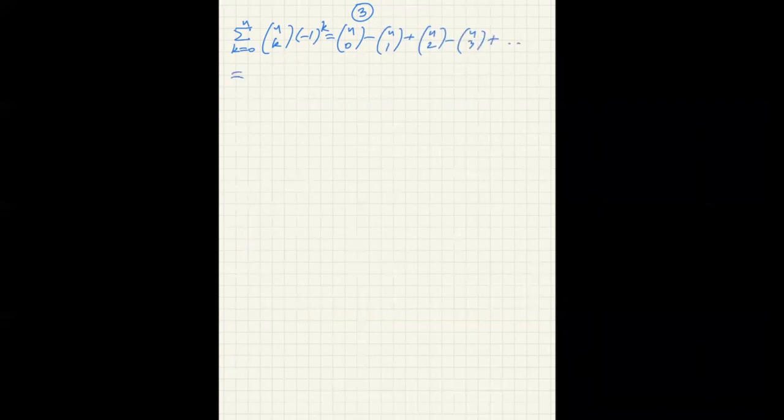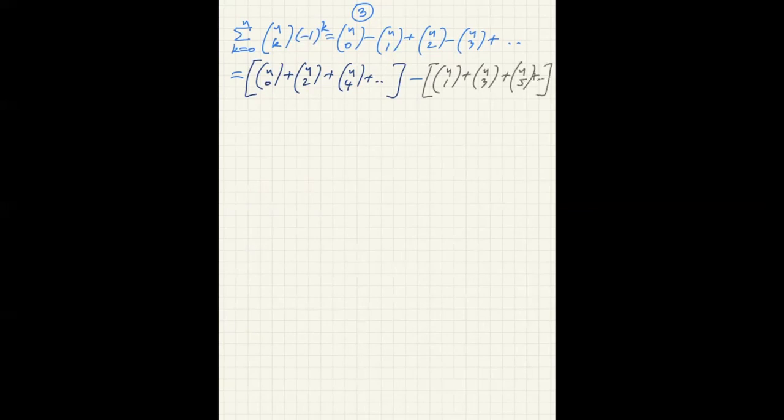If you keep the terms with positive coefficients on one side, it's going to be the following: n choose 0 plus n choose 2 plus n choose 4, and so on. And then on the other side, with the minus, we're going to have minus, in a different color, n choose 1 plus n choose 3 plus n choose 5, and so on.